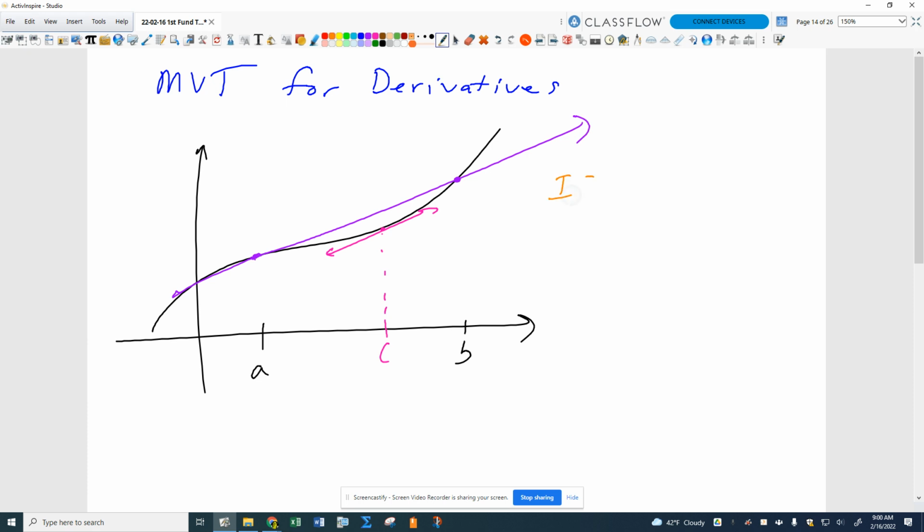So if f is continuous on a to b, and it's differentiable on the open interval. Okay, so between the endpoints, if it's differentiable, remember all that means is it's smooth.